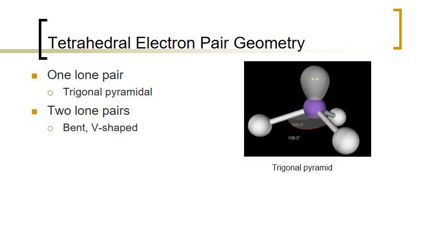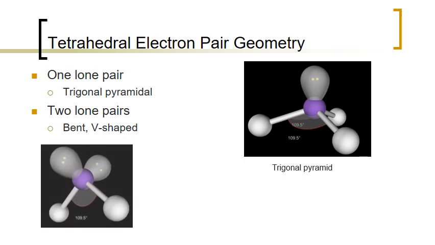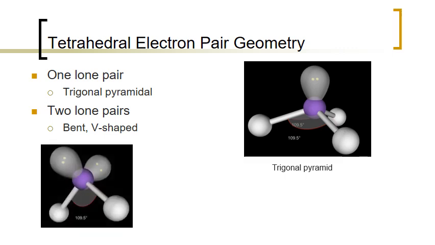If there are 2 lone pairs, then the structure is bent or V-shaped. Notice how the lone pairs repel, and it kind of sort of looks like a tetrahedron, only there are no atoms in the lone pair positions. This is the structure of the water molecule. Bond angles around 109.5.